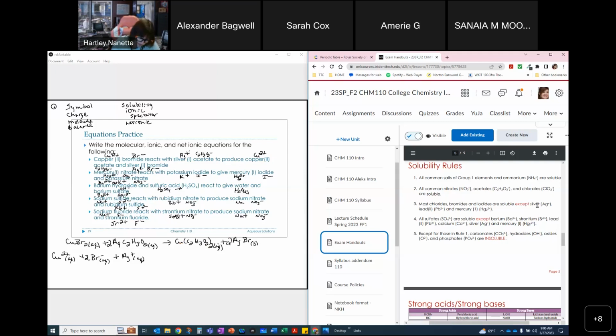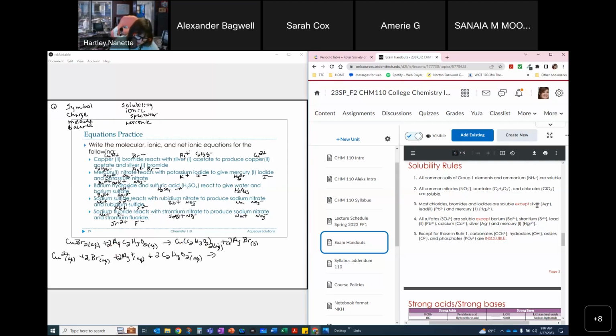Okay, so that means I need a 2 out in front of this Ag because it's out in front of this one. That means I need 2 C2H3O2-. And of course, that does remind me that we should make sure that we've balanced it in addition to finding what is soluble and insoluble, because I kind of skipped that. This is my aq as well.